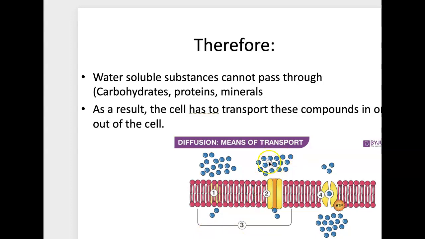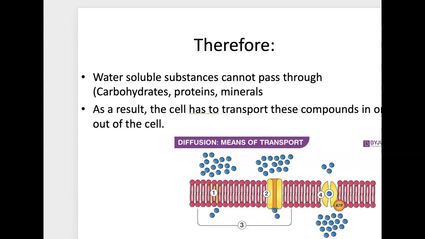Here, this is a charged molecule. So it has to go through a special protein channel. And this right here is actually pumping things through. But again, it's a protein. So all these charged things, carbohydrates, proteins, minerals, need to go through these special proteins called transport proteins. And that is our next lecture.